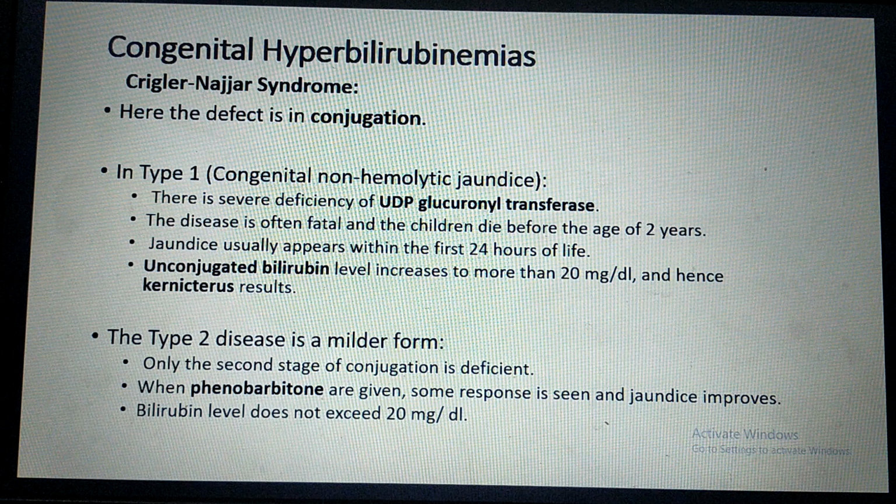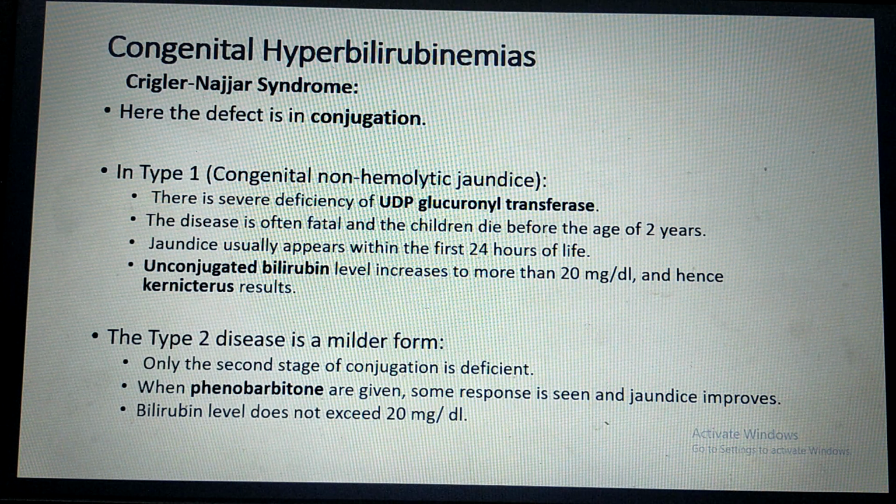If it increases more than 20 mg per deciliter in the blood, then it crosses the blood-brain barrier of the baby because that barrier is immature, and this unconjugated bilirubin is lipophilic. Therefore, it easily diffuses into the brain tissues, leading to a dreadful condition called kernicterus.